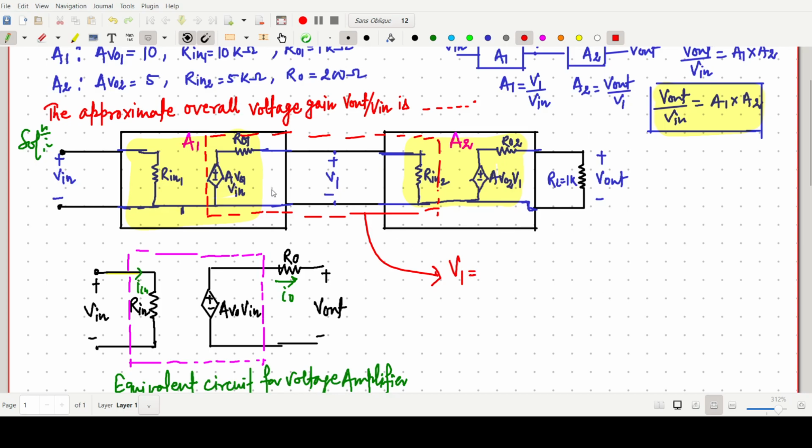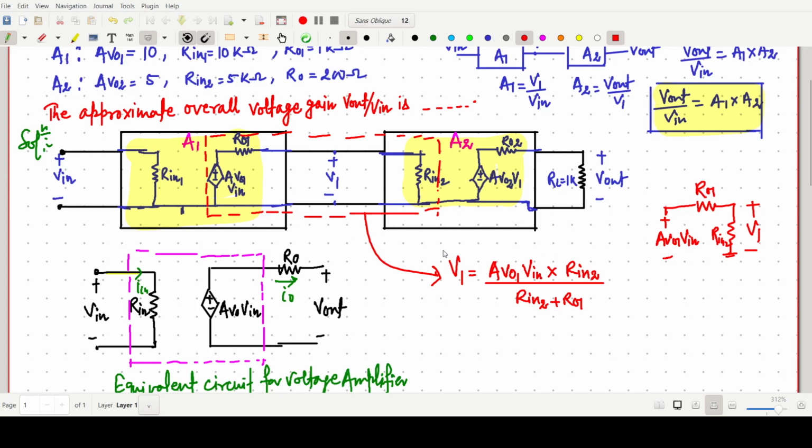This V1 is simply AV naught 1 into V in, into R in 2 divided by R in 2 plus R naught 1. I am just showing the voltage divider formula: suppose this one is V1, with some resistance R in 2 and this one R naught 1, and this voltage is AV naught 1 into V in.